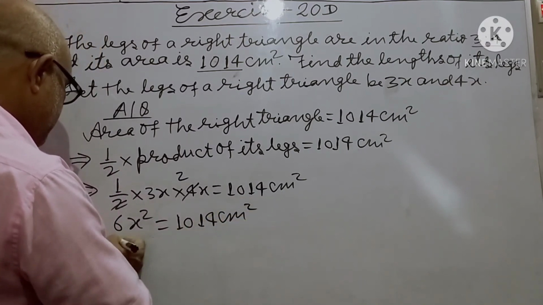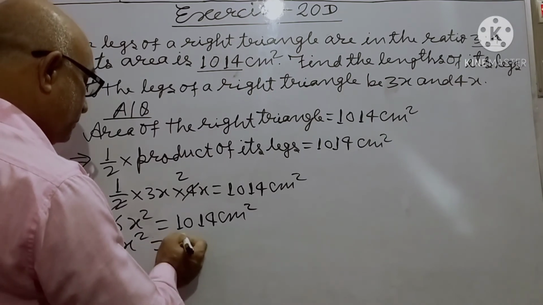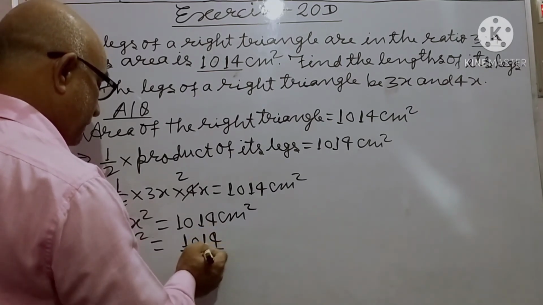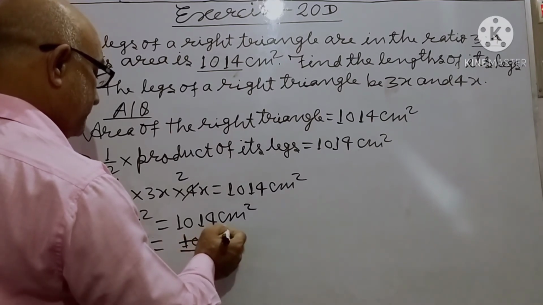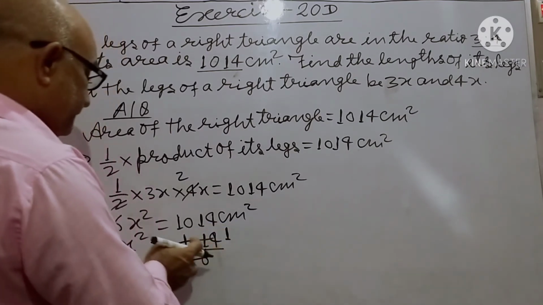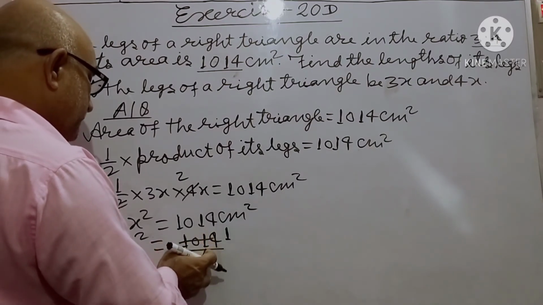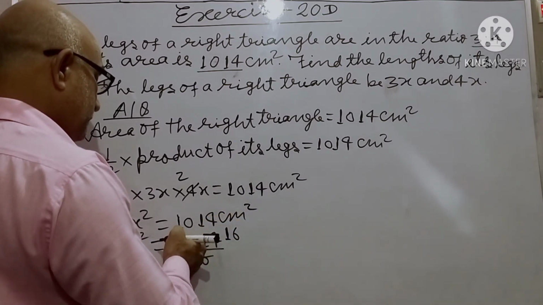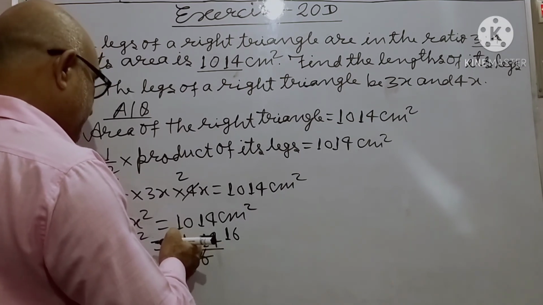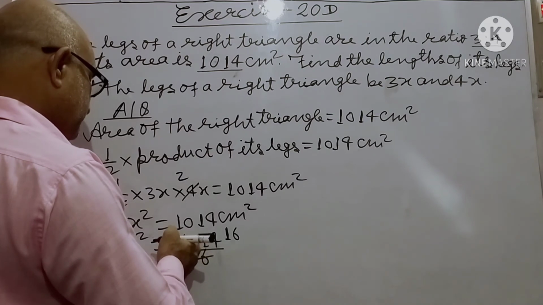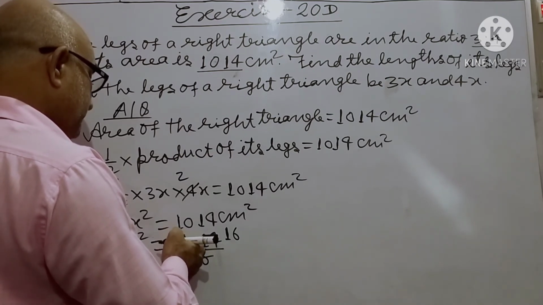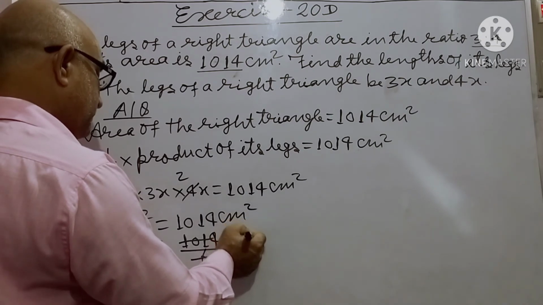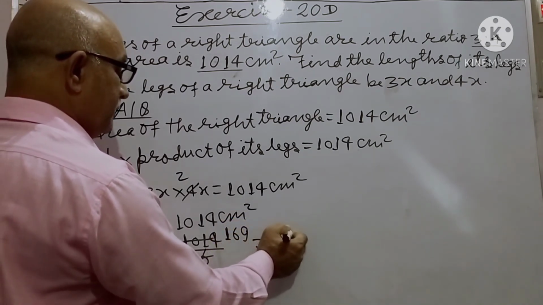Next step is x square equal to 1014 divided by 6. 6 1 ja 6, 6 6 ja 36, 41 minus 36, 5, 54, 6 9 ja 54, equal to 169.